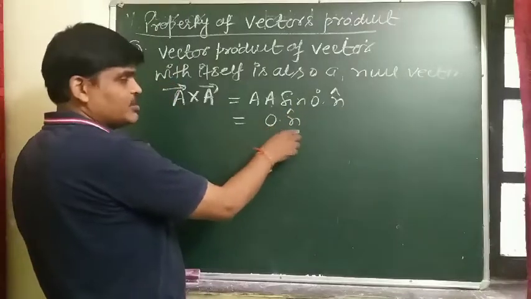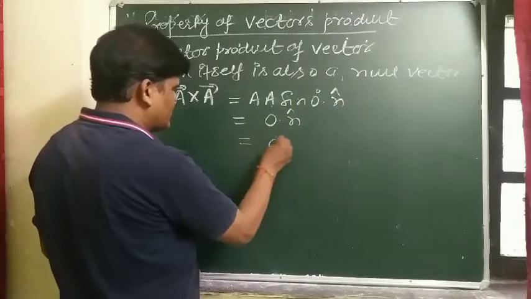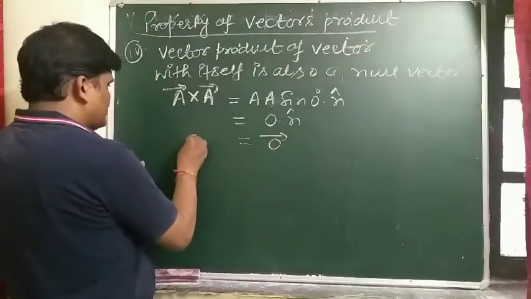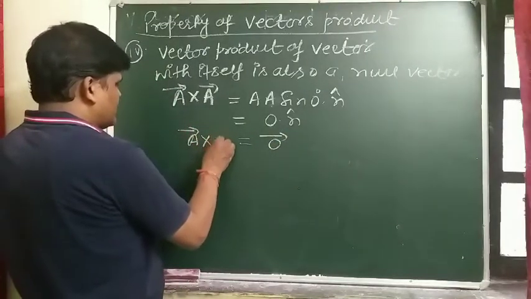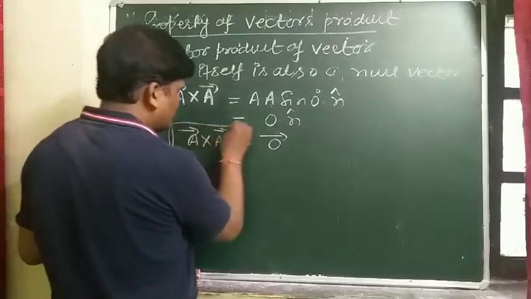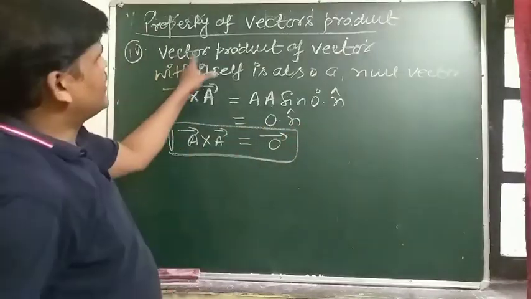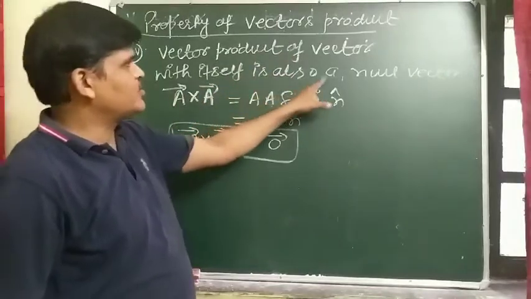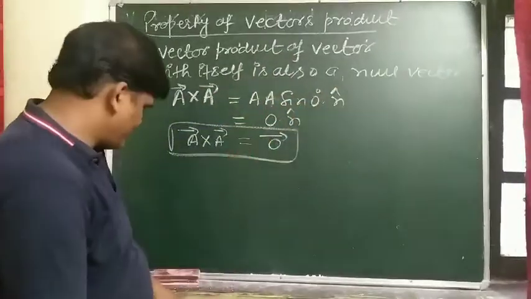When 0 is multiplied by a vector, the null vector comes out, denoted by the zero vector. So the vector product of a vector with itself is also a null vector.